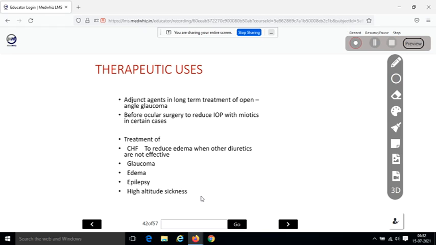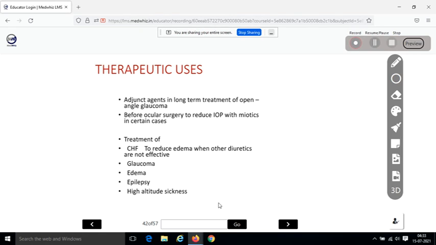So in the case of metabolic alkalosis as a consequence of decreased total body potassium and intravascular volume or high levels of mineralocorticoids, it is treated by correction of these underlying conditions and not with acetazolamide.